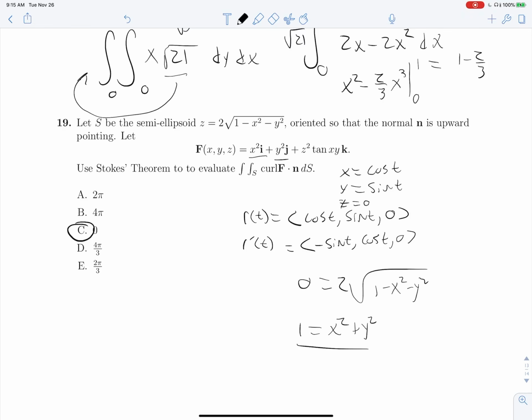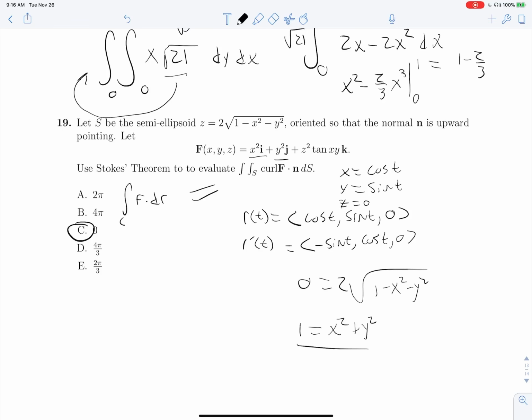And I should have prefaced this with, if you're not used to the Stokes theorem kind of method, whenever they tell you to evaluate curl f dot n dS, what they really mean is that it'll be easier to evaluate the line integral over C of f dot dr. This is Stokes' theorem, that these two are equal.